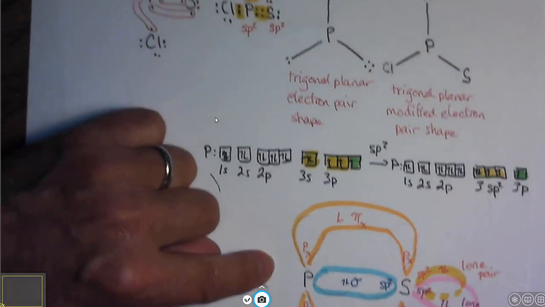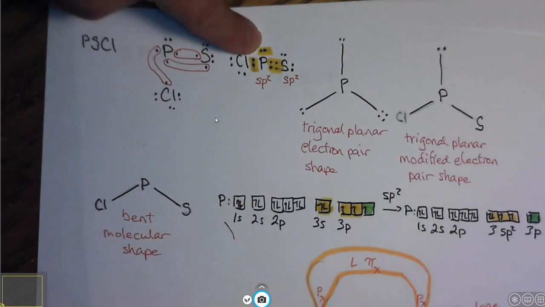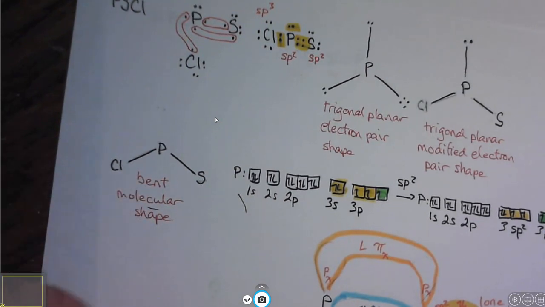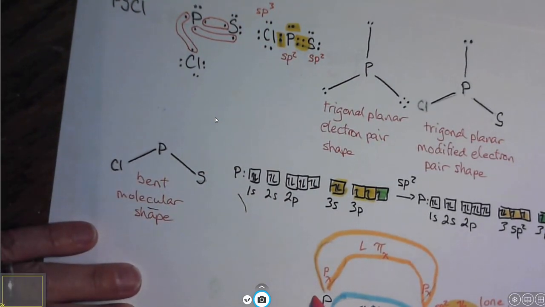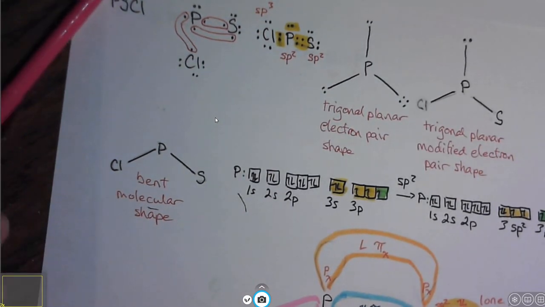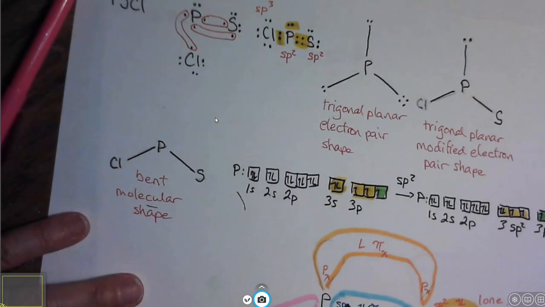And the phosphorus has a sigma bond, a single bond is a sigma bond, going to the chlorine. So let's make this like this. So this is going to be a sigma bond. The phosphorus had a hybridization of sp2. That makes this sp2.